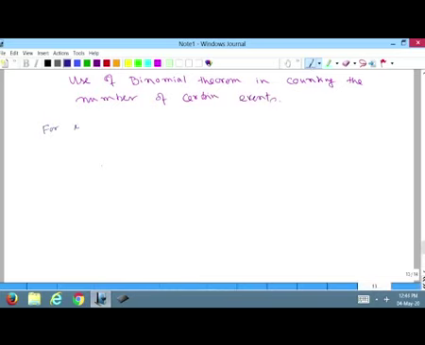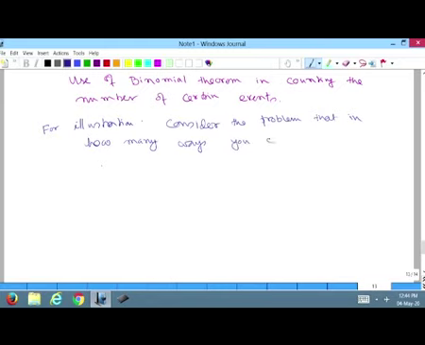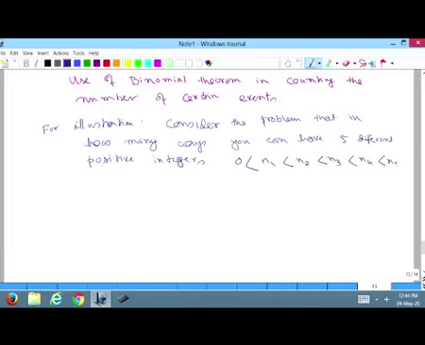For illustration, consider the problem that in how many ways you can have 5 different positive integers n1, n2, n3, n4 and n5 such that the sum of ni, i equal to 1 to 5, is equal to 20.